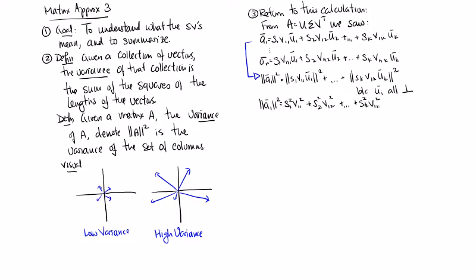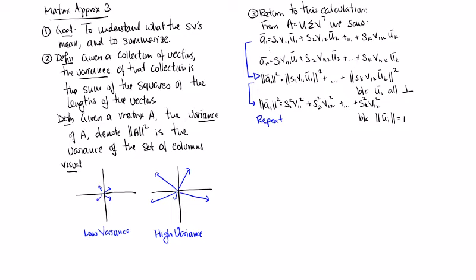These are because all the norms of the u_i are 1. Again, this is just for the very first row right here. So let's repeat this for all rows.